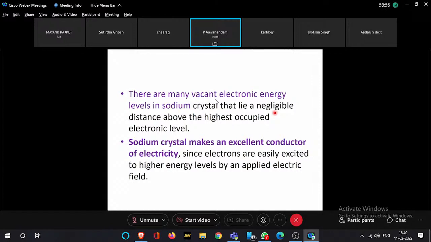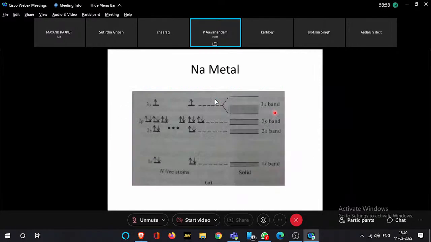I will repeat the question. Let us talk about a band, let us say the 1s band. Obviously, the 1s band is made out of so closely spaced energy levels. Now, can I experimentally observe the energy difference between one level and the next level?